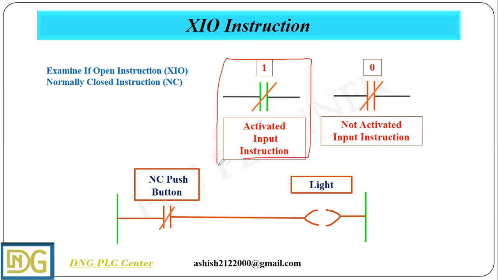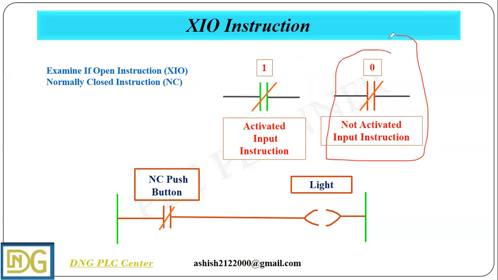In the initial, not pressed condition, it will connect our contacts and send the signal on to the further output instruction. It is activated in the initial condition, and if you press this button, it will show the 0 value in our memory addressing bit and it will not be activated, it will be de-energized.